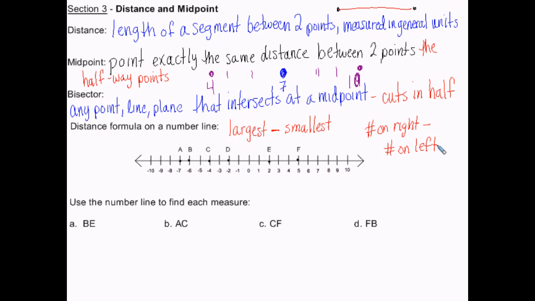So if we want to find the length of BE, that one's blue. Here's B. Here's E. E is larger than B. So E is 2. B is -6. And I have a trick that I use.